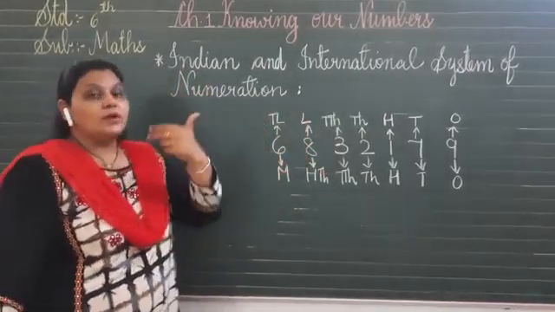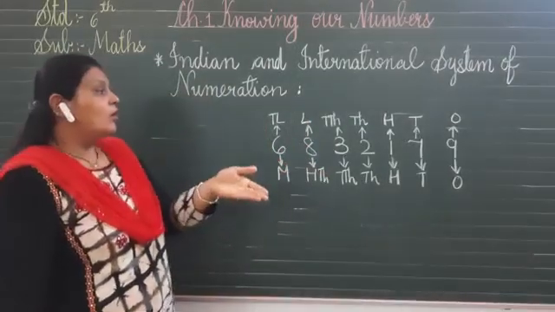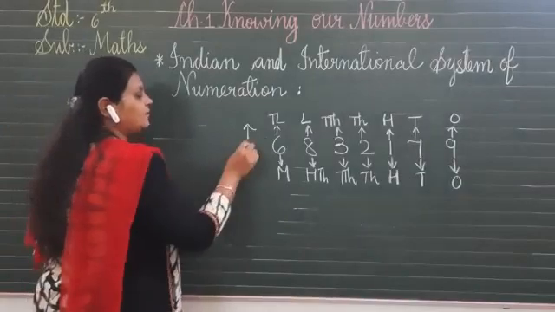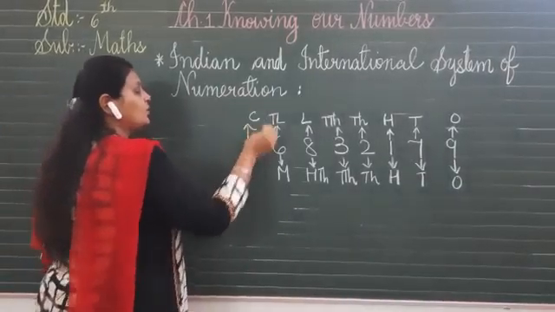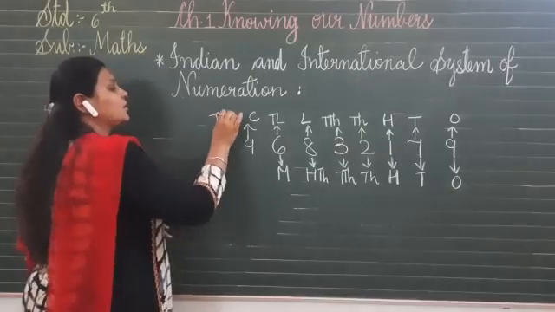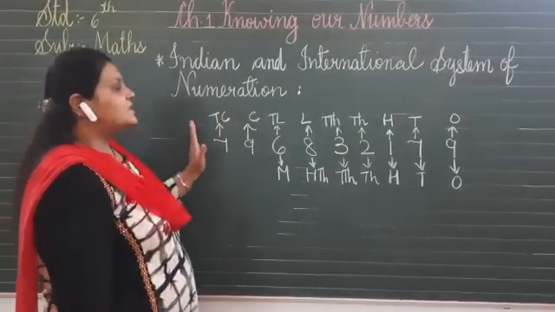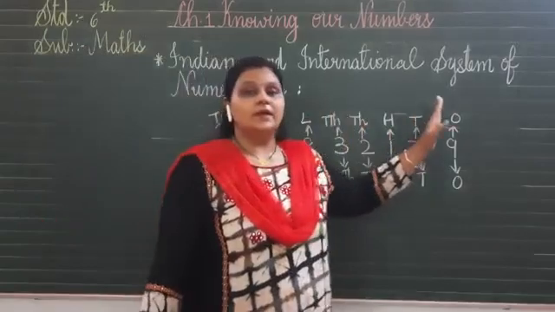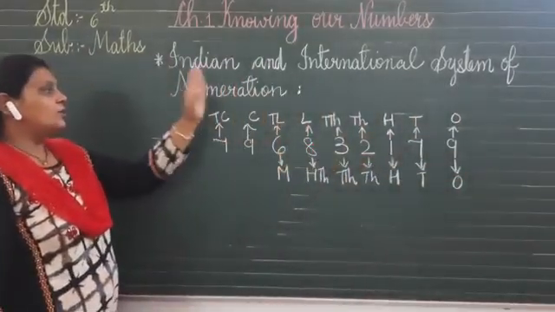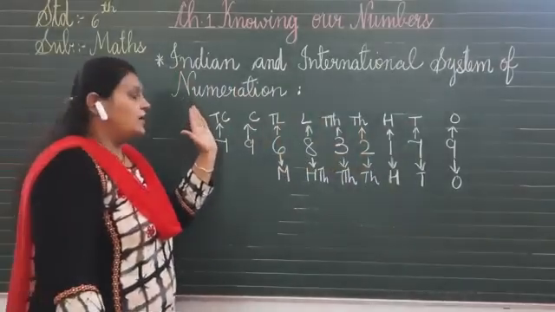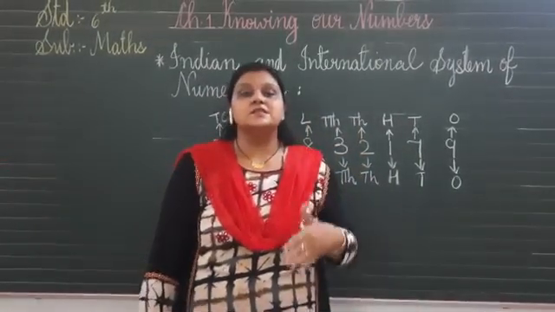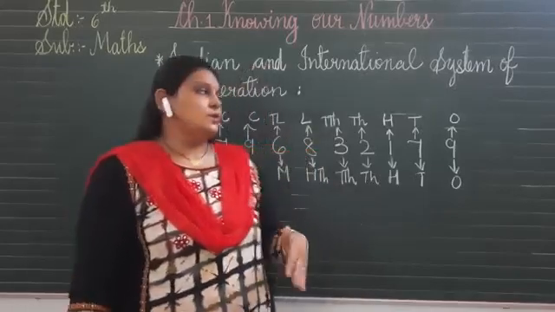Now if I want to write a number of 8 digits, I will add crore and then 10 crore. So this is as per the Indian system. Lakh, 10 lakh, crore and 10 crore are included in the Indian system of numeration.